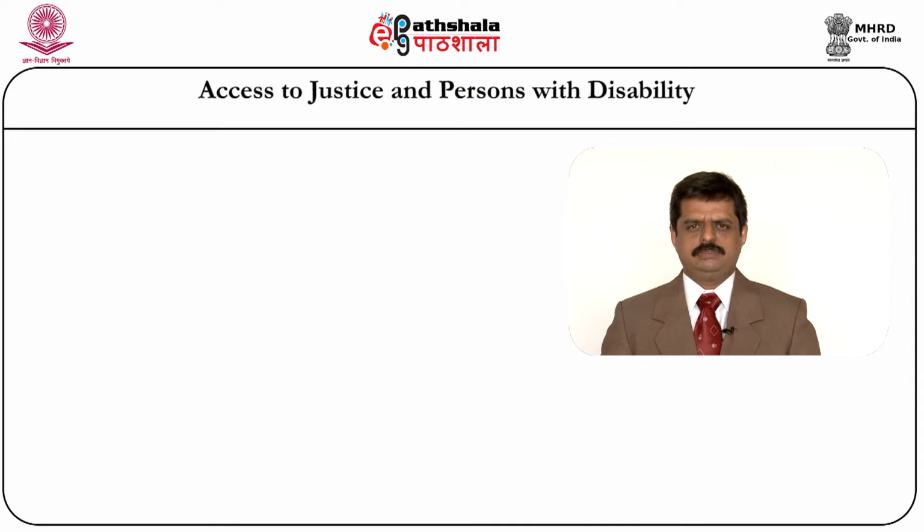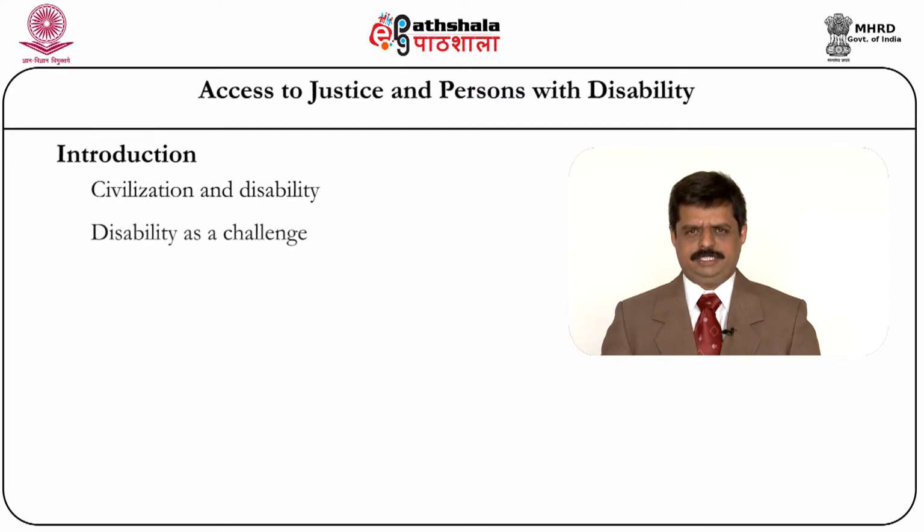So, to begin with, the discussion would be on disability and its relation to civilization. How can a disability be related to a civilization? The reason is simple. A disabled person or a disability as a whole is a challenge to the society.